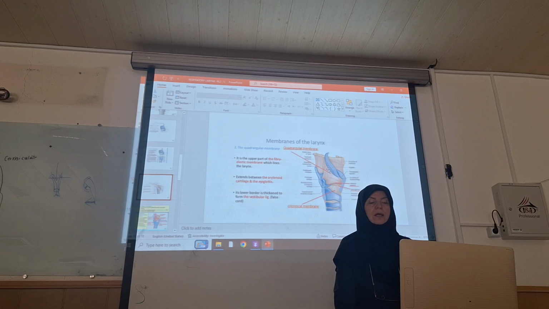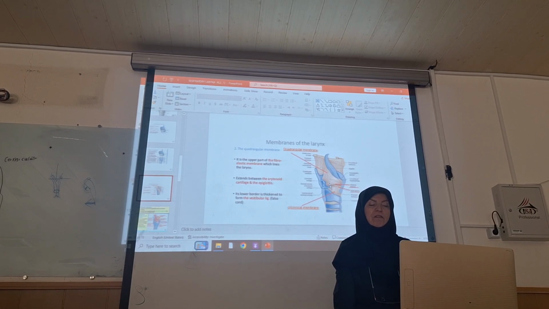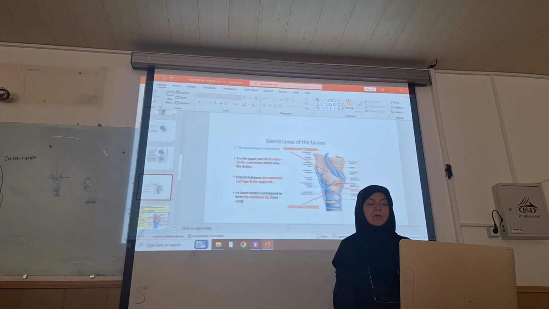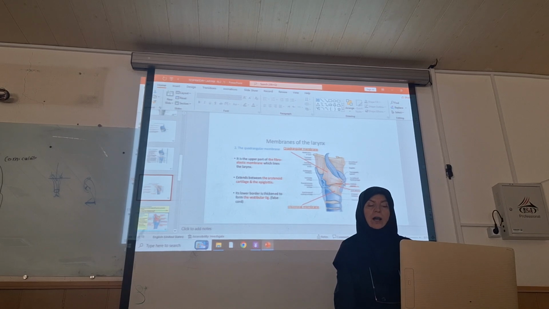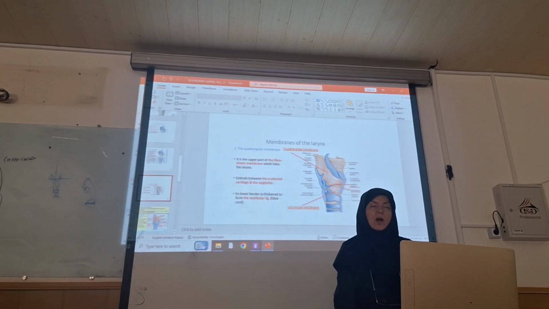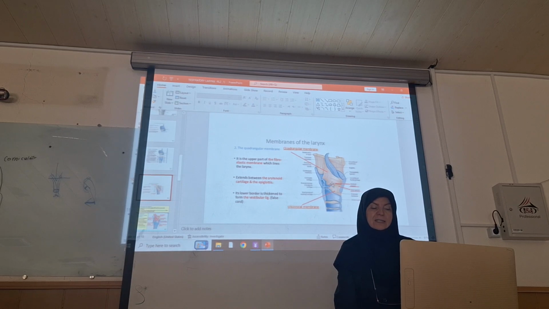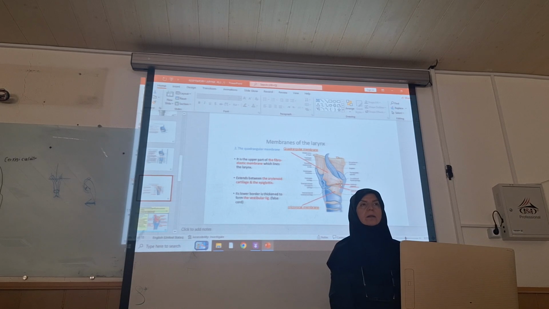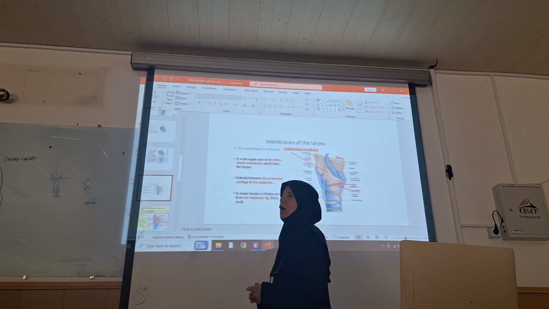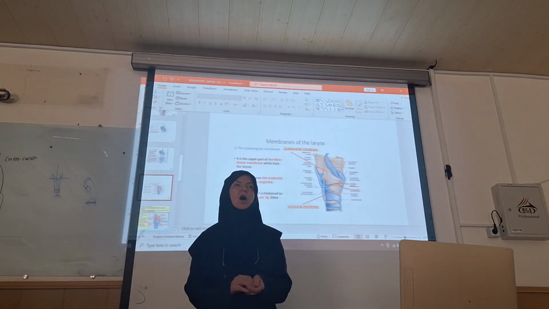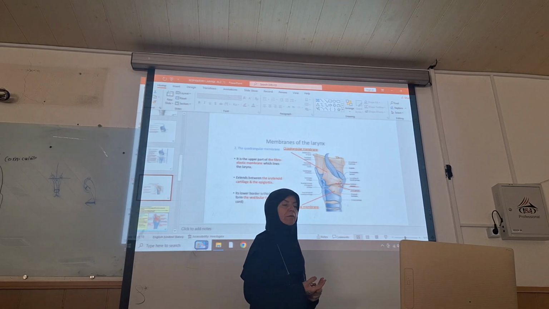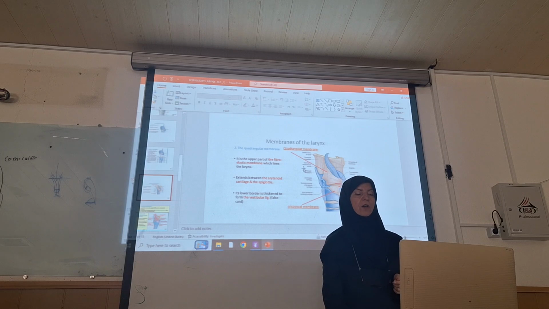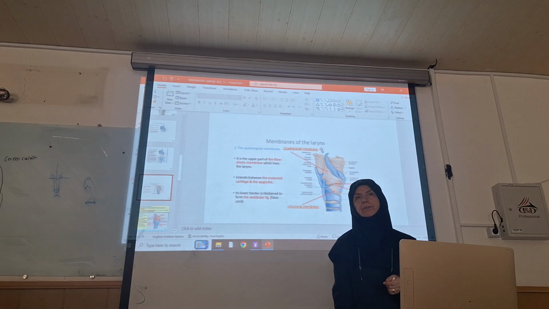Superior. If you notice the inferior free border of the quadrangular membrane, it is free between the arytenoid cartilage and the thyroid cartilage. This is going to make for us the vestibular ligament. So the vestibular ligament or false vocal cord belongs to the inferior free border of the quadrangular membrane.